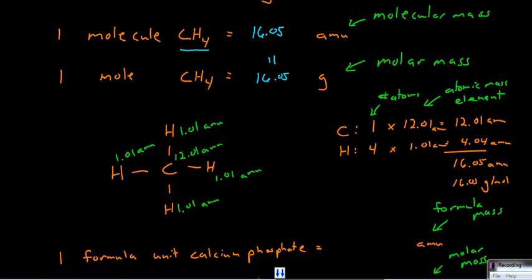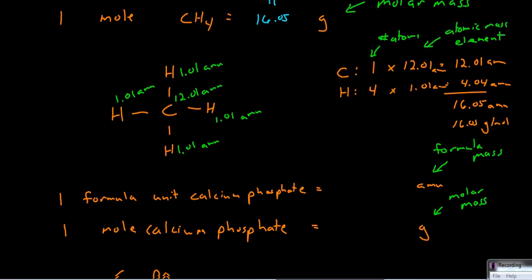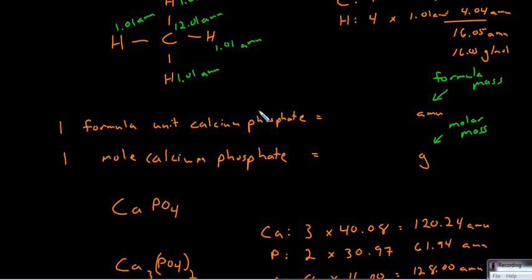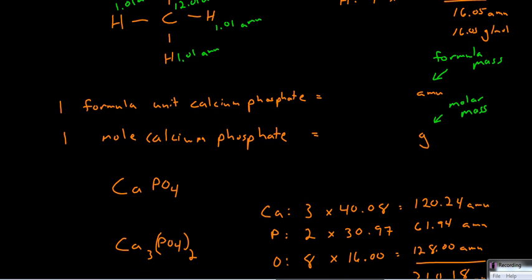But we also can calculate the formula mass and the molar mass for ionic compounds. So let's say that you have one formula unit of calcium phosphate. How many atomic mass units of mass does it have? Well, calcium phosphate is, let's see, CaPO4, right? Calcium and phosphate.